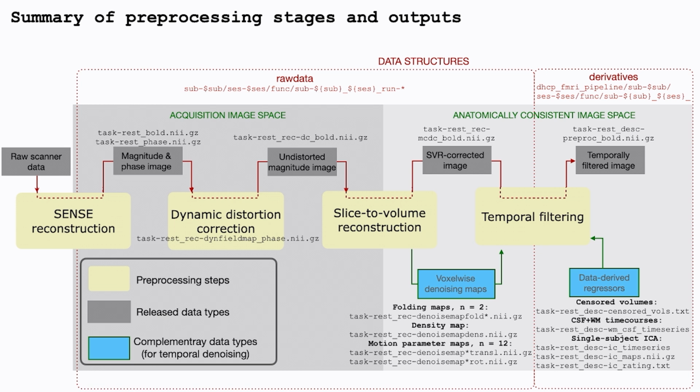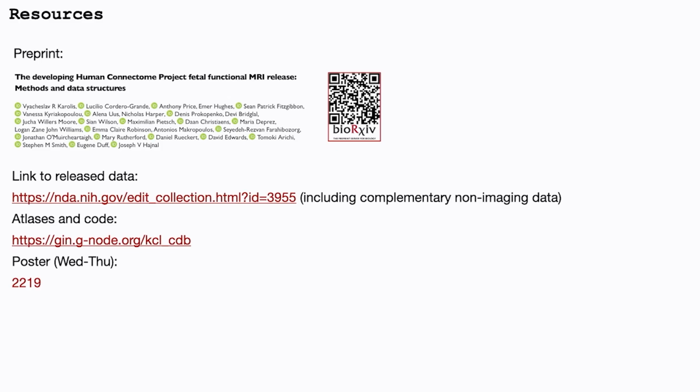So we start from sensor abstraction, then we follow to dynamic distortion correction, then we do slice-to-volume reconstruction and temporal filtering. The data structure follows the format of BIDS. Even so, in reality, the data types which we have here are not really fitting the current BIDS standards, but we try to follow these recommendations to improve usability of the data by data users.